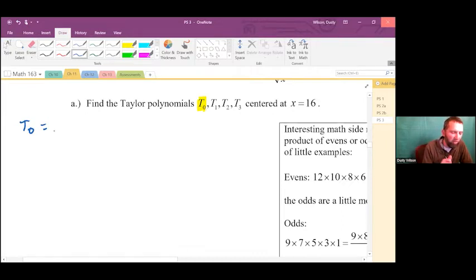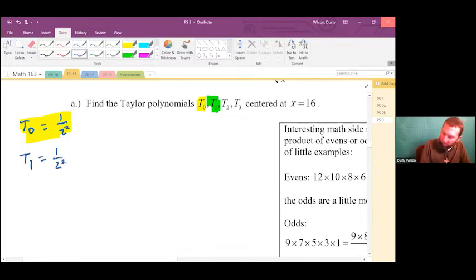So in this case, T0 will be 1 over 2 squared. So again, T0 is just the very first or the 0th term in the Taylor series.